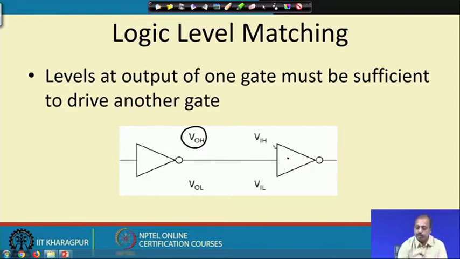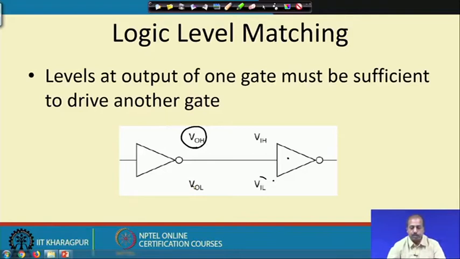If the second gate takes anything above VIH as high, then VOH must be above that. Similarly, if the second gate takes anything below VIL as low, the VOL value of the first gate should be lesser than that, otherwise there will be a misinterpretation.